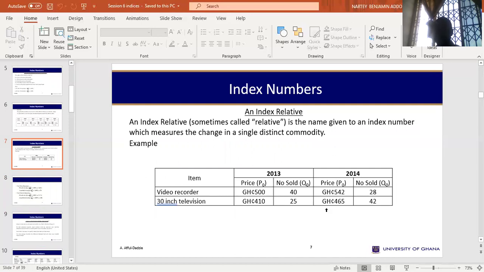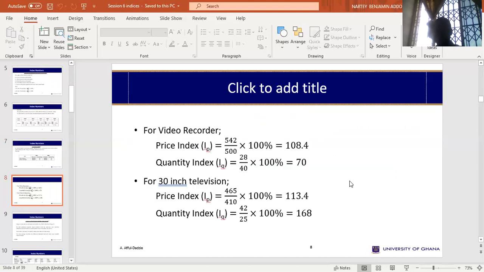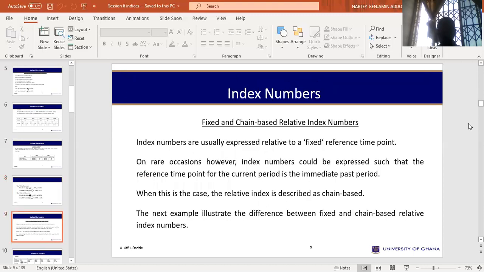The same applies to the television set, which is 465 over 410 for the price relative, and 42 over 25 for the quantity relative. So we have these figures, 113.4 and 168.